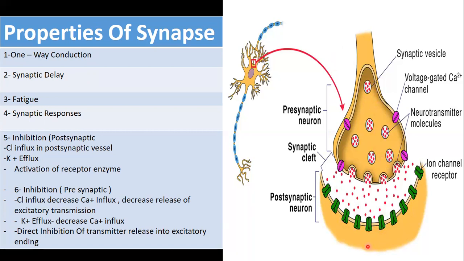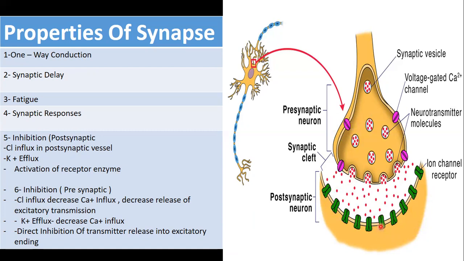Then we come to how fatigue is a property of the synapse. When a synapse is rapid or fast and stimulated continuously, the number of discharges from the postsynaptic neuron normally decreases, and we call this fatigue.